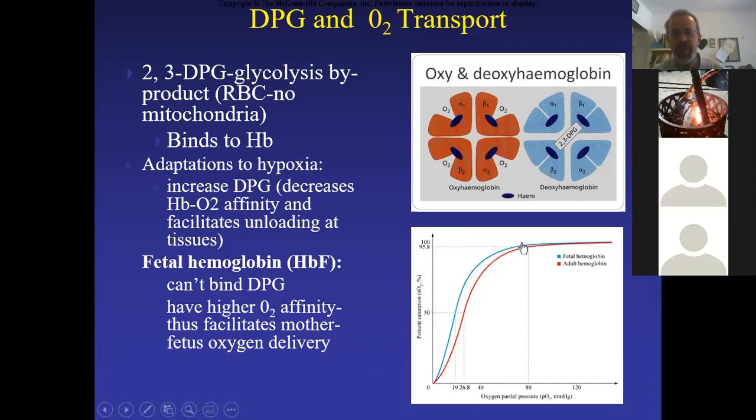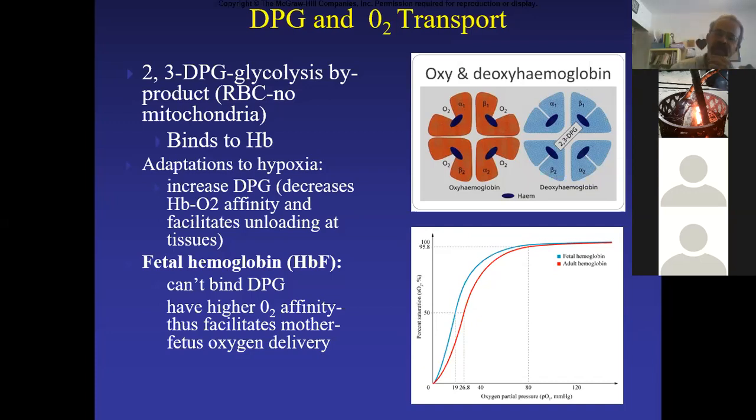So there's no competition. It's interesting, at birth, or shortly thereafter, there's a switching. Your body, instead of making fetal hemoglobin, makes the adult or postnatal hemoglobin, which binds to DPG.